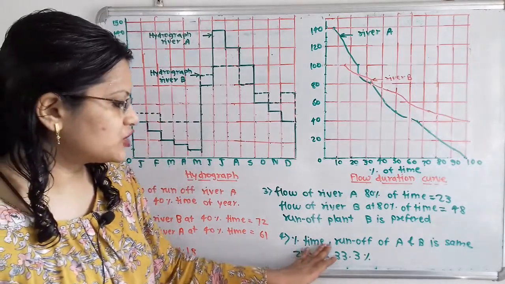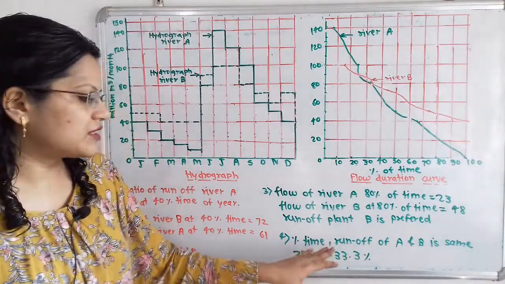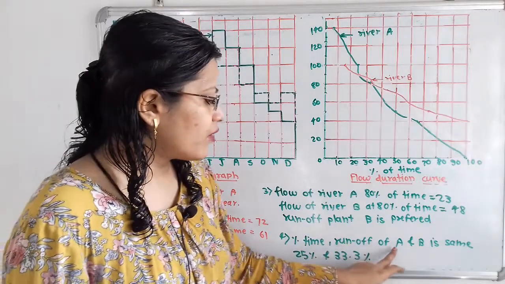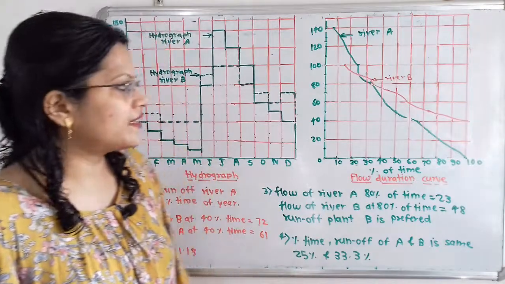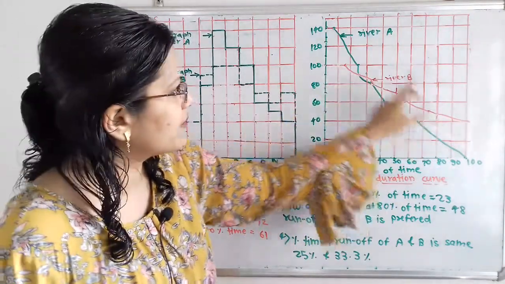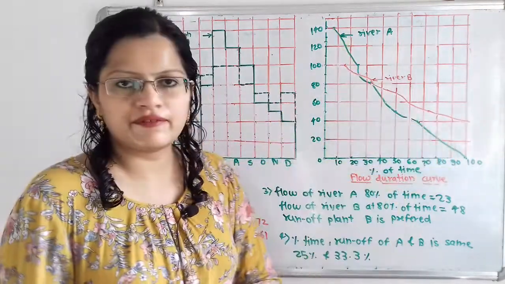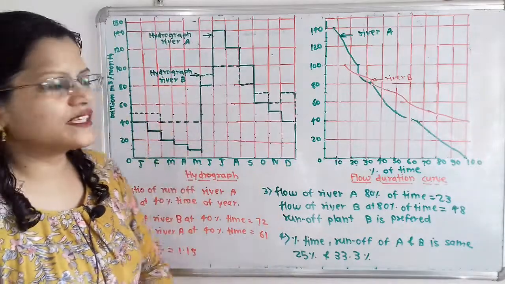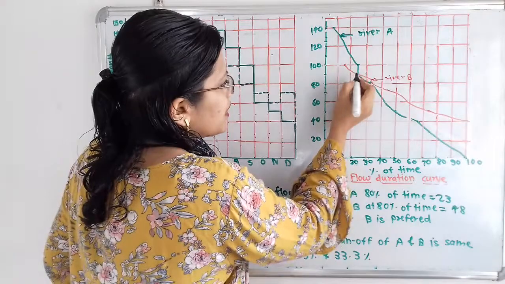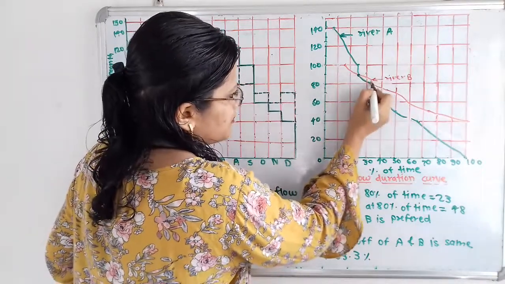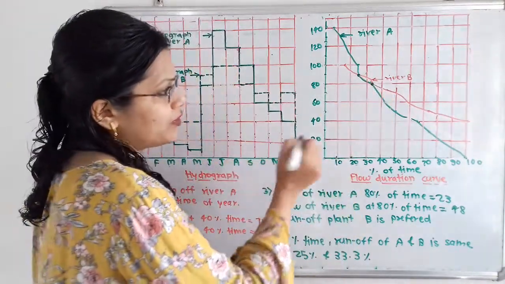For which percentage of time is the runoff of A and B the same? So we have to find out. So this is the runoff of river B and this is the runoff of river A. So at which percentage of time is it the same? If we observe here the points of intersection, these two points of intersection.